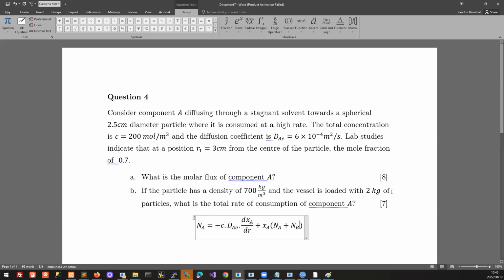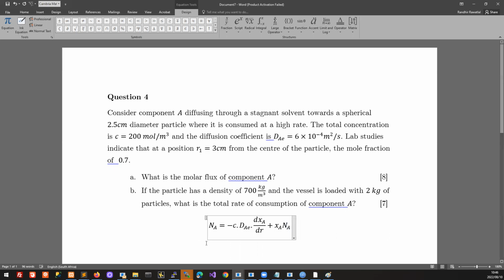And in this case, our other fluxes are not given to us. We are only told about component A, and it's diffusing through a stagnant solvent. And we take that to mean that NB is approximately 0, right? So taking that NB is 0, then we can get rid of this, and we are left with just XA NA.